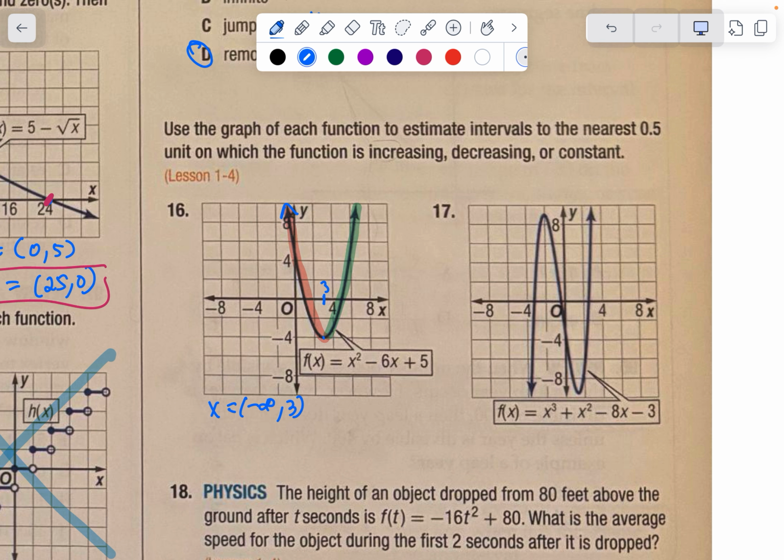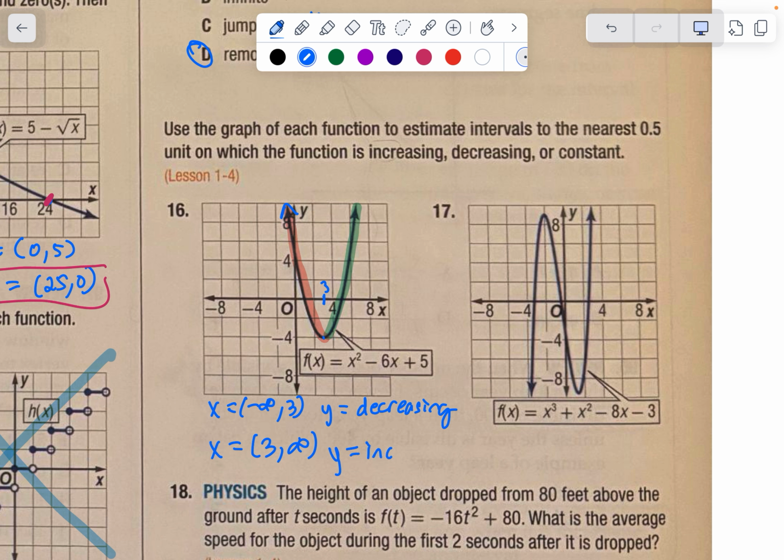The y is going downhill, which we call decreasing. For an x value from 3 to infinity, that's what I've highlighted in green, the y is increasing.